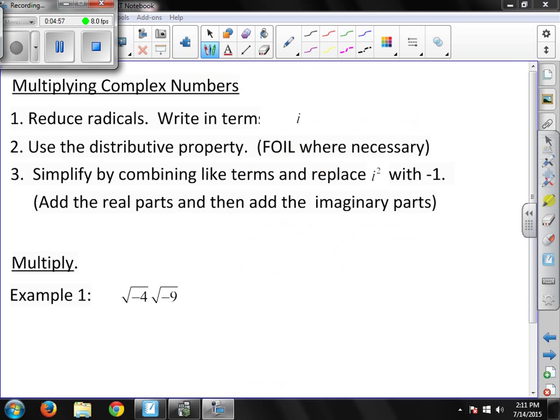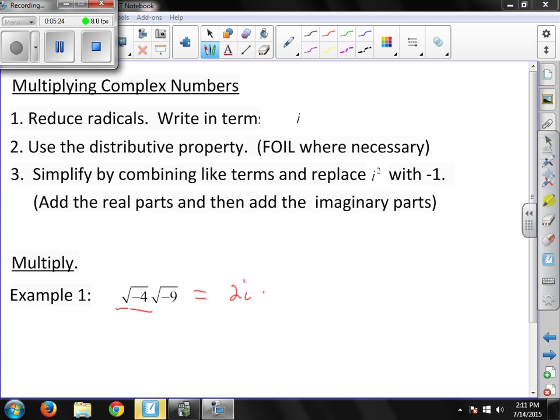We can multiply complex numbers. What we want to do is always simplify your radicals first, write in terms of i, and then multiply by using the distributive property or foiling when necessary. Let's do example 1. My square root of negative 4 simplifies to 2i.